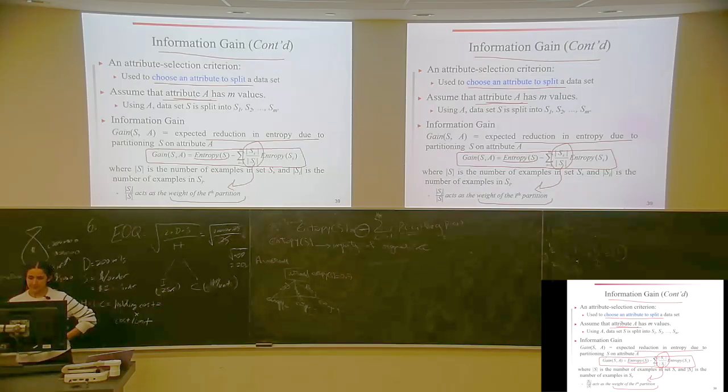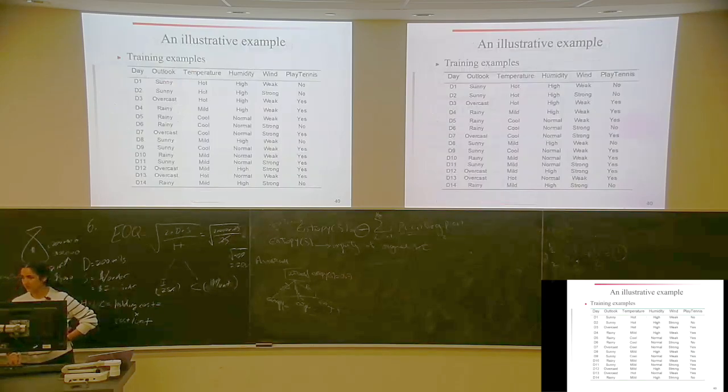So let's see it with an example to better understand what is happening here. This is our training example. This is your set S. At first, we want to choose which of these attributes to use. We know that we do not care about day because it has many distinct values. It gives us the highest purity, but it's not informative.